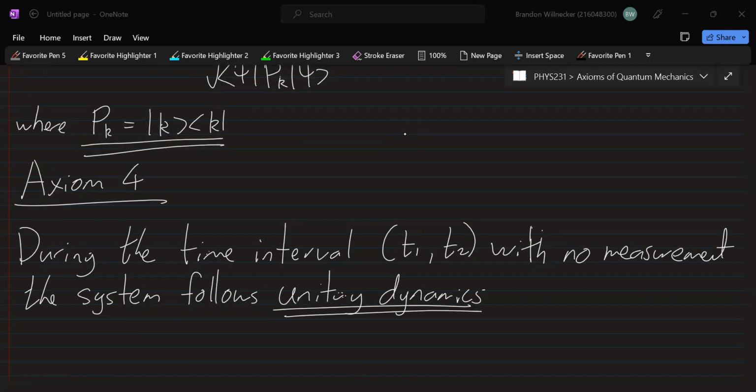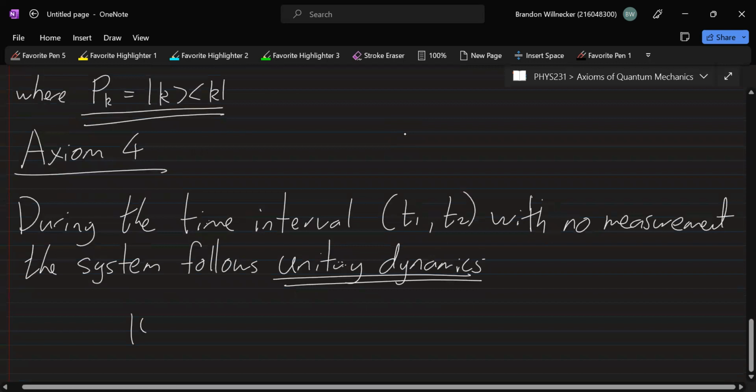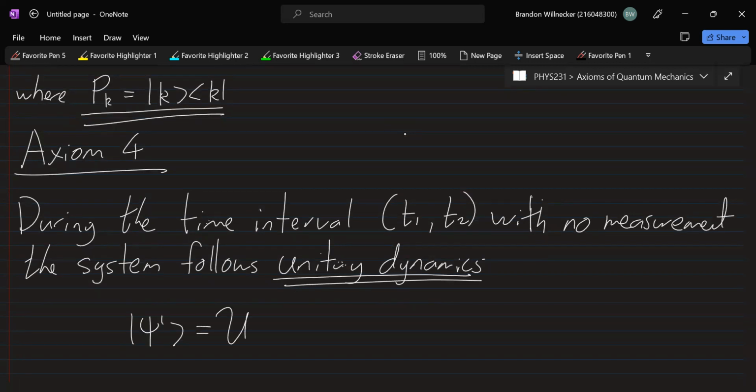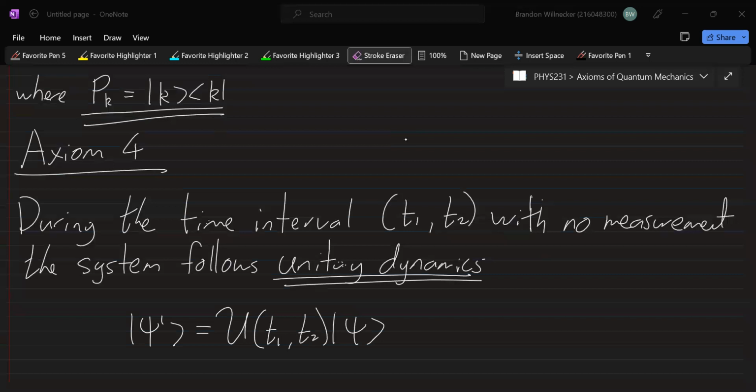So how does this work? Well, the state after, psi prime, is given by a unitary map that depends on T1 and T2, acting on the initial state. So if you want to know what the state of the system is after this time interval, you take the initial state, act on it with the unitary dynamics operator, and that gives you the new state.